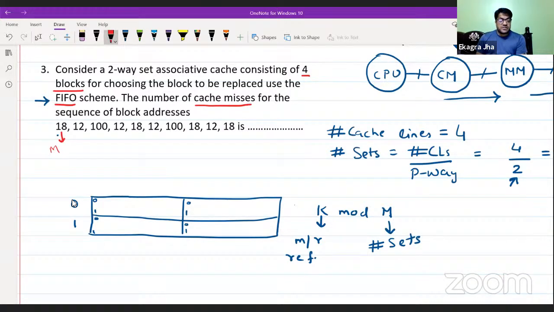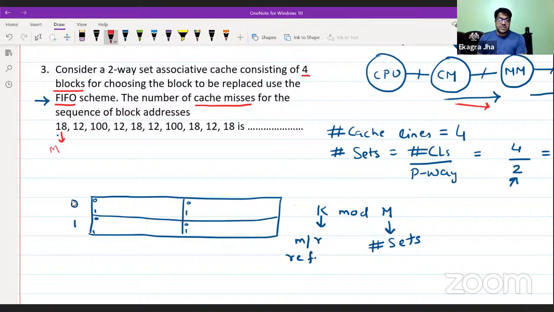The first reference is also called a compulsory miss: when the reference comes to the cache for the first time, it is not available in the cache memory. Hence, the CPU will find this as a miss, and the reference is then transferred to the main memory. It is the main memory's responsibility to give it back to the cache memory so that the CPU can have the data.